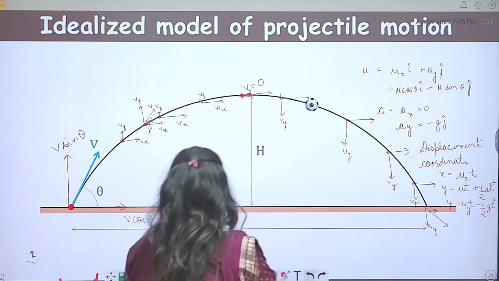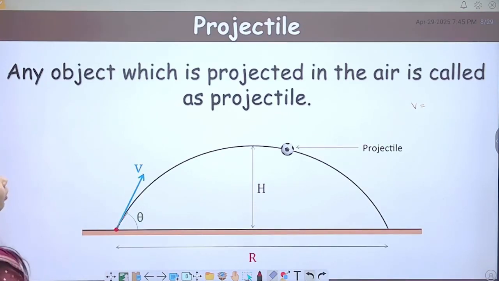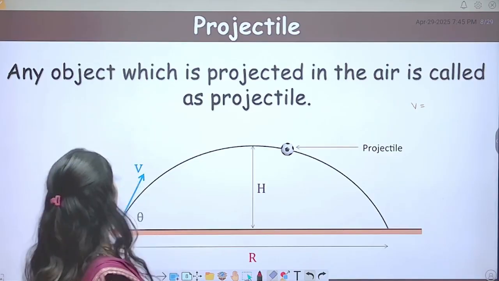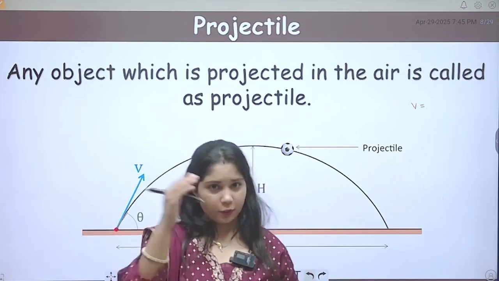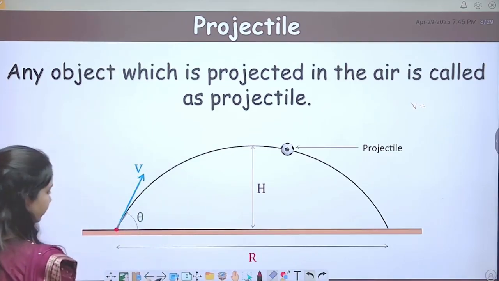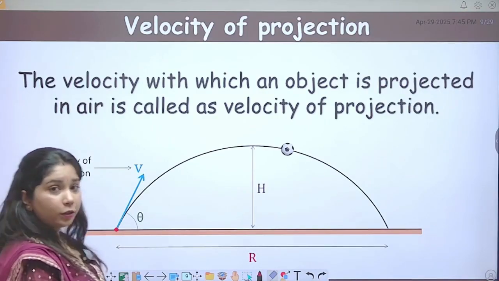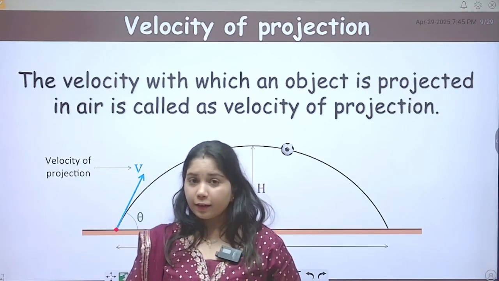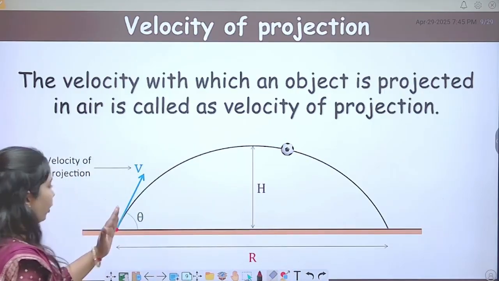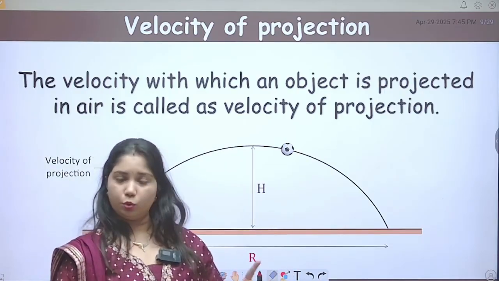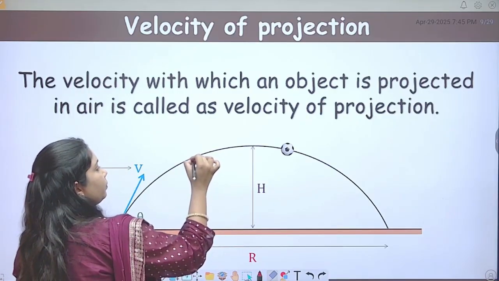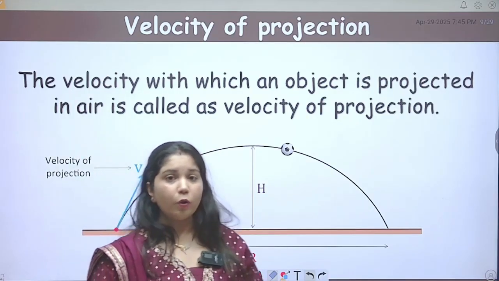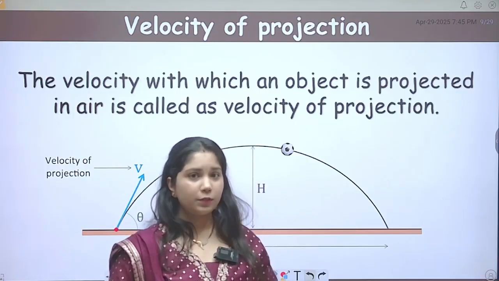Let's talk about the projectile. Any object which is projected in the air is called a projectile. Velocity of projection: clearly, I have told you that velocity will resolve into its two components. But what about the velocity at some instant, or after some time t?